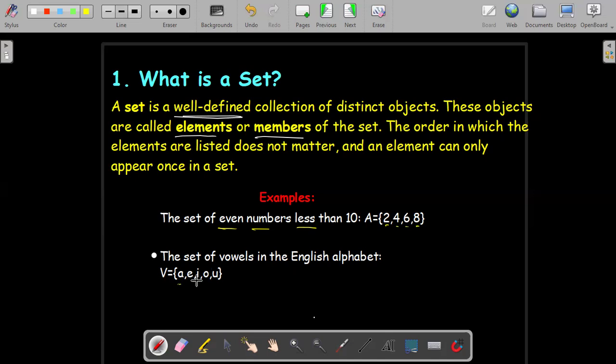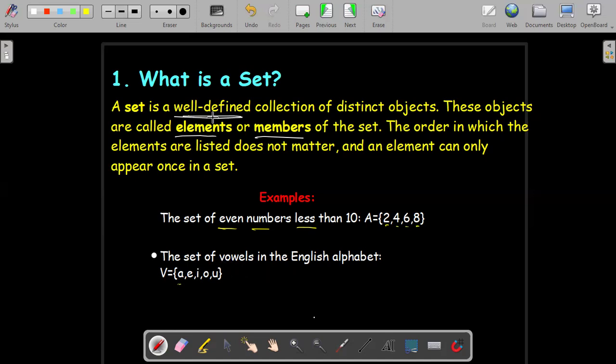Here you are able to know that this is a set of vowels, because you know what the vowels are, and the way it's been listed tells you these are the vowels in the English alphabet. It's stated clearly here. That's why we're saying it has to be well defined.